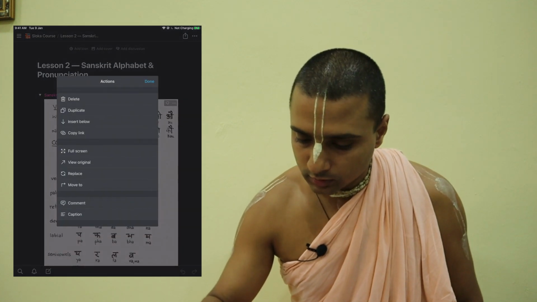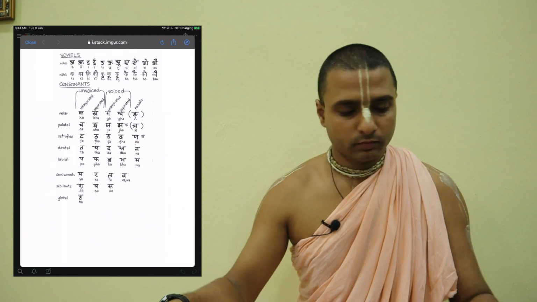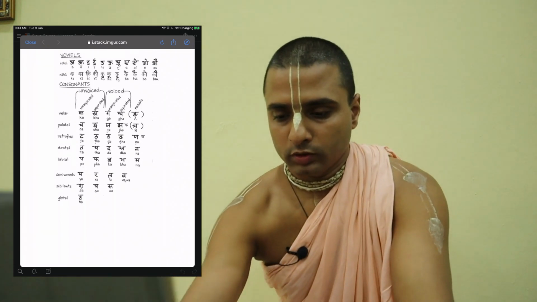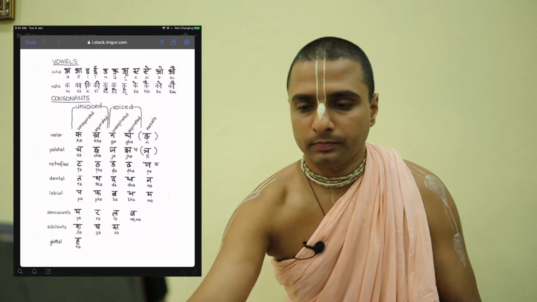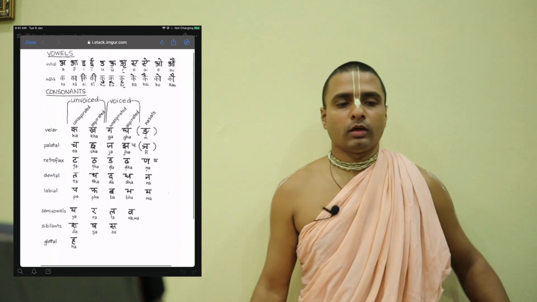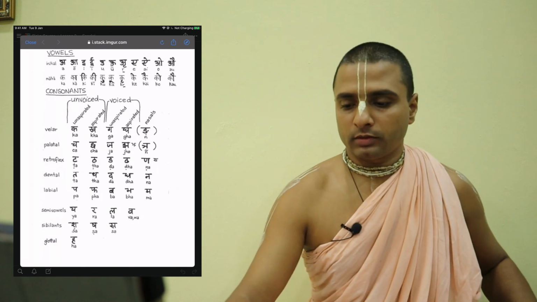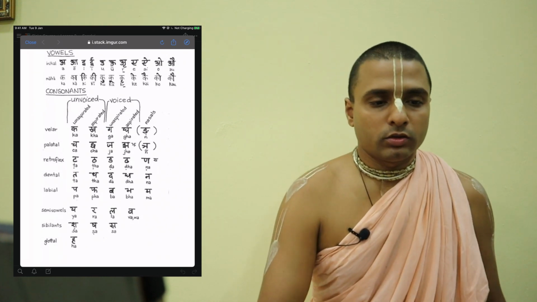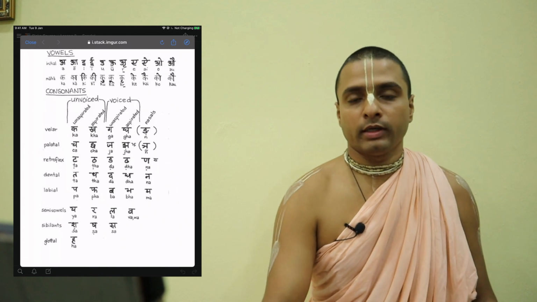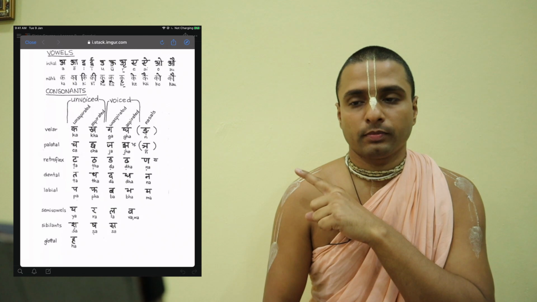So this is the Sanskrit alphabet. I hope you can see that. I'll just make it a little bigger. So these are the Sanskrit alphabets. As you can see here, on the top are the vowels and the bottom are the consonants.